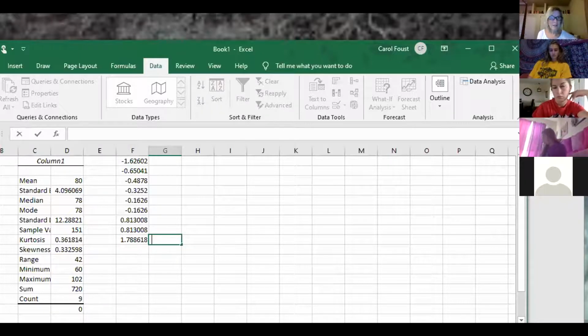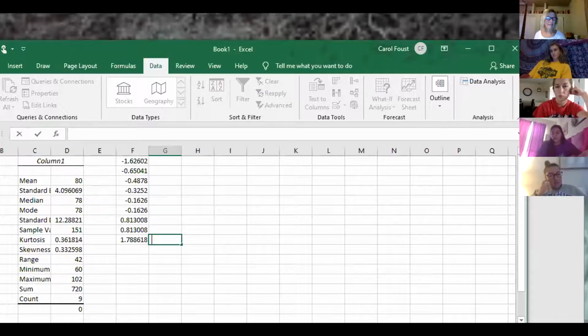But a better way to know exactly where you're at is to look up the negative z table online.